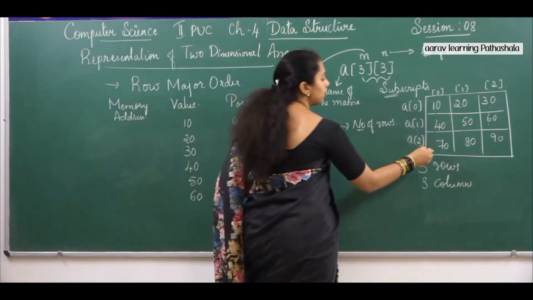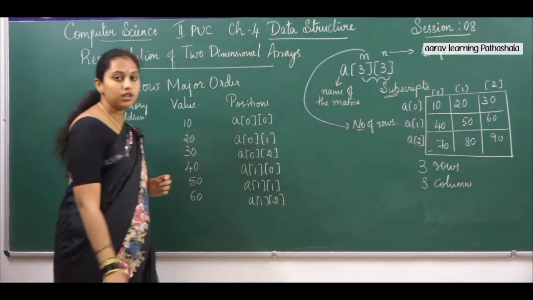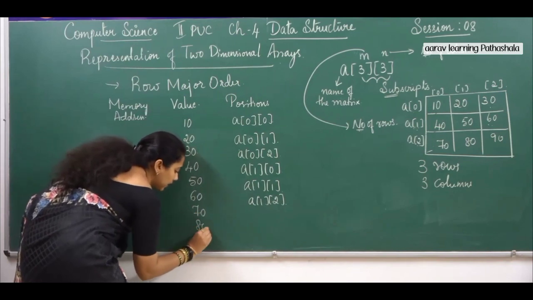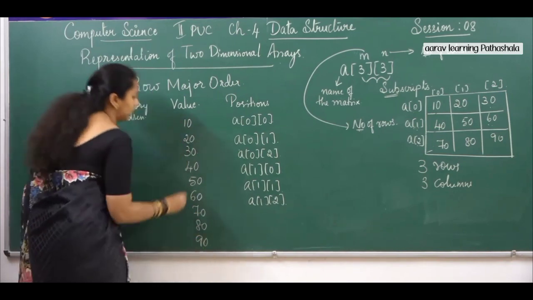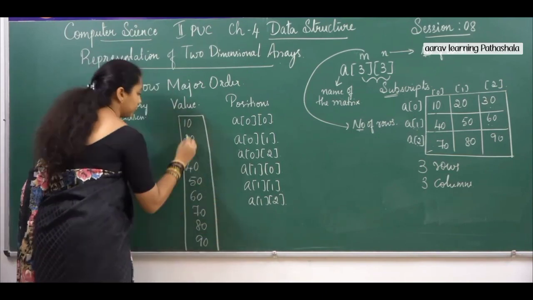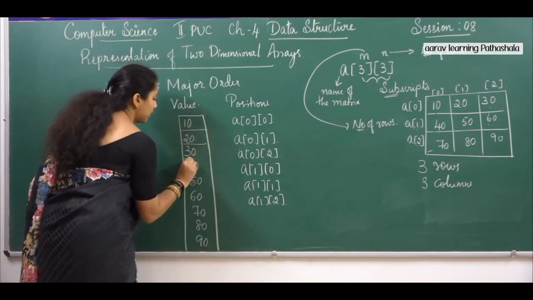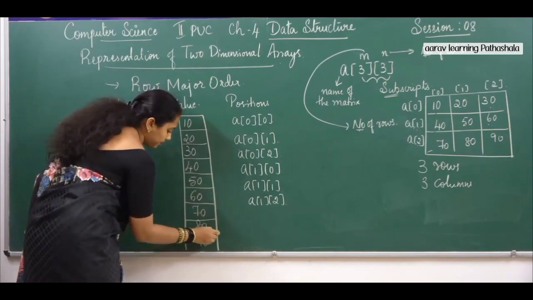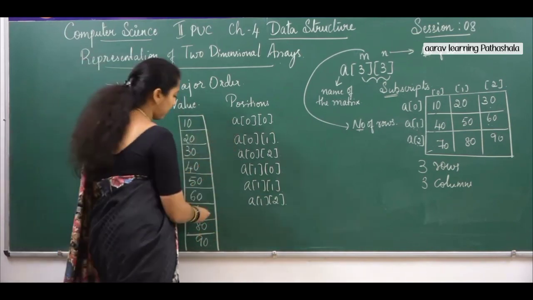Next, it will store the third row elements. The third row elements are 70, 80 and 90. The elements are stored in contiguous memory locations. What is the position value of 70?